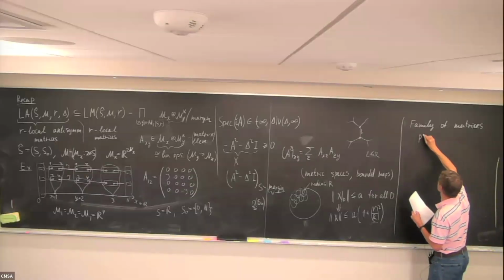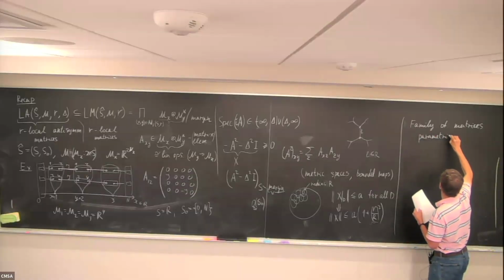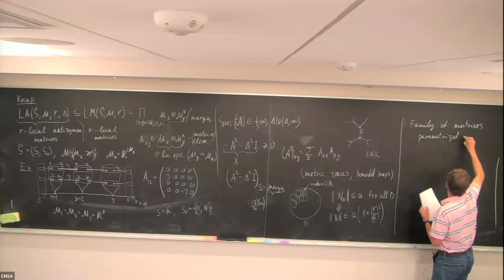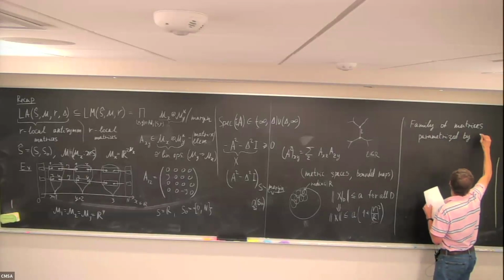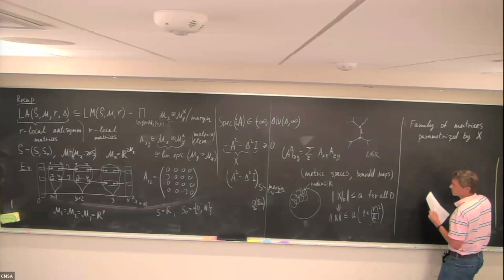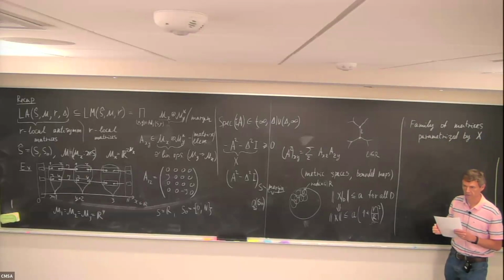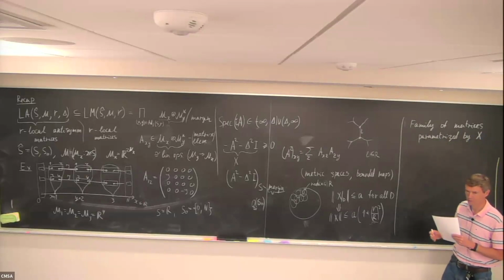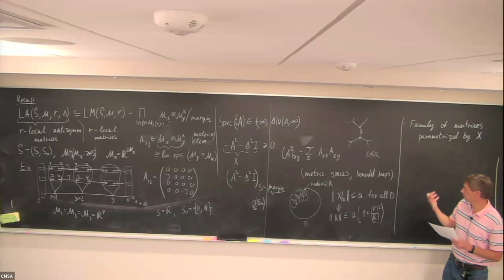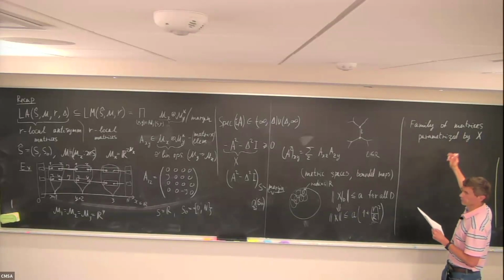Now, the next thing is, suppose we have a family of matrices parameterized by X. X is an arbitrary parameter space. It can be a complex doubly or whatever. But for simplicity, let it be an interval.